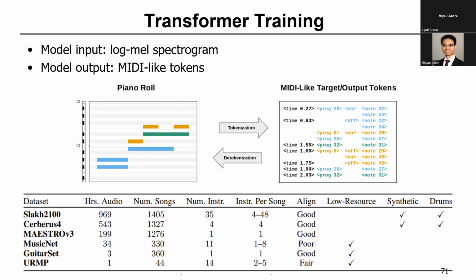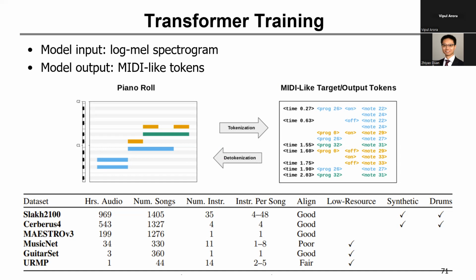Their model output will be MIDI-like tokens. So they have the MIDI files, which are not necessarily aligned with the audio. They tokenize a MIDI file into this text. This is the onset time of this first set of 2 notes. This belongs to this particular instrument.